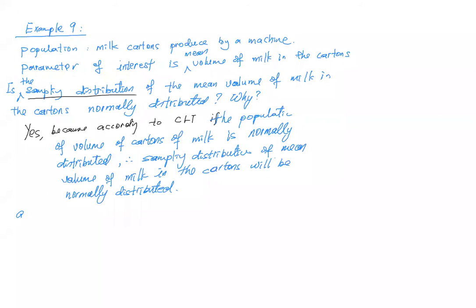Okay, part A. Construct a 95% confidence interval. And if I ask you to interpret, you have to write in words. We are 95% confident that. Okay, please construct using your calculator.